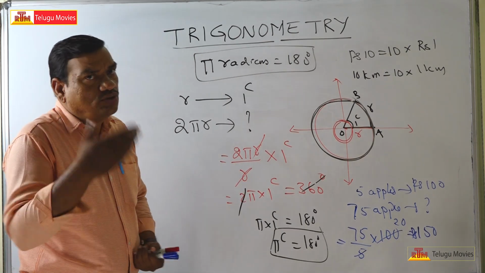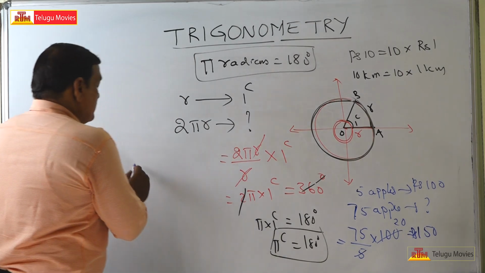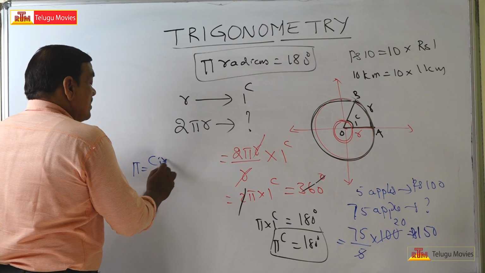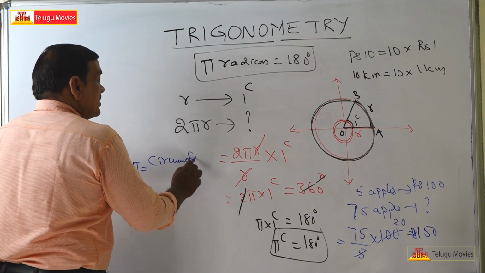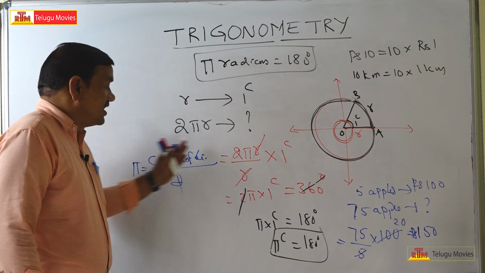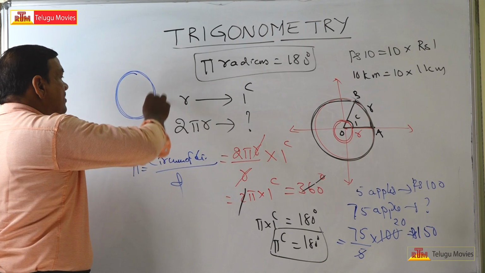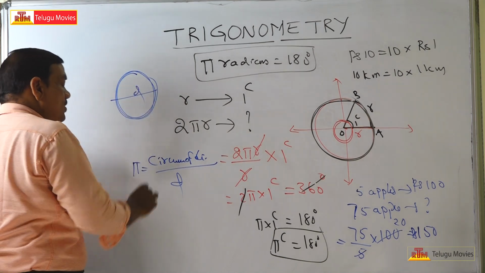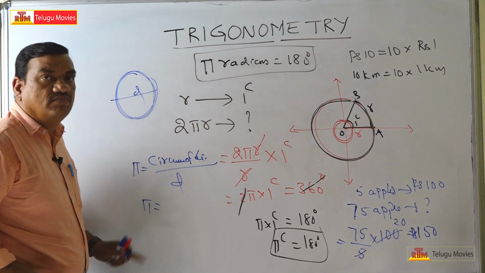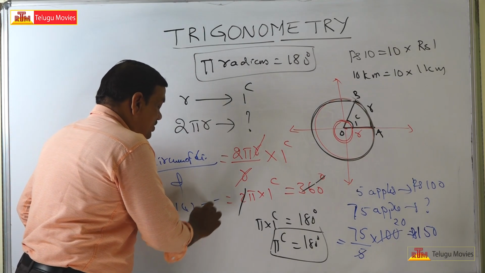What is pi? In the lower classes, you come across this pi. Pi is the circumference of the circle by the diameter. Take any circle, divide its circumference by its diameter, and you will get the pi value. It is something like 3.147, an irrational number.